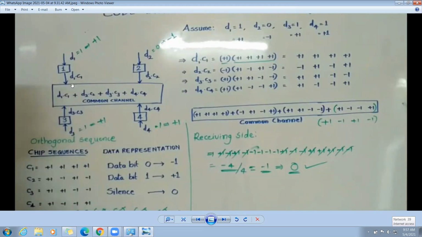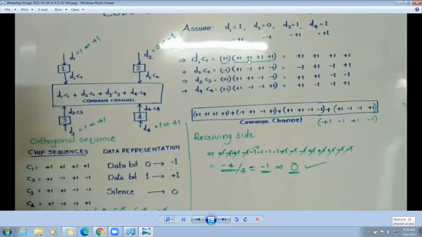What is D1 here? D1 means 1, and 1 means +1. We need to multiply +1 along with the chip sequence. Chip sequence is nothing but the code sequence. Next, for C2, it is +1, -1, +1, -1, like that. These are the codes.